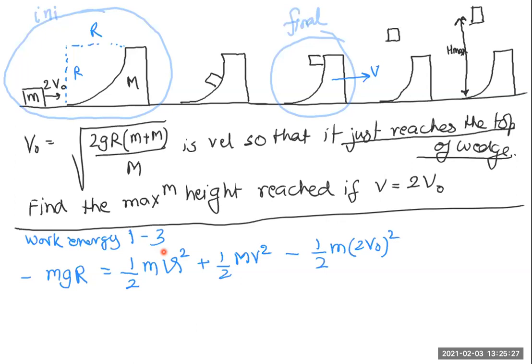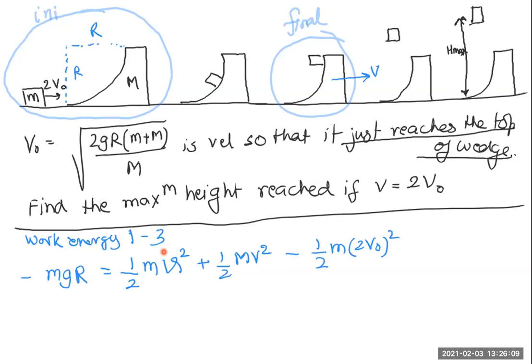Yes, sir, because there is velocity at the top. Yes, absolutely right. So when we were working out the value of v naught, so that it just reaches the top of the wedge, we agreed that the relative velocity of the block with respect to the wedge at the topmost point will be zero, and therefore with respect to the ground both their velocities must be same.